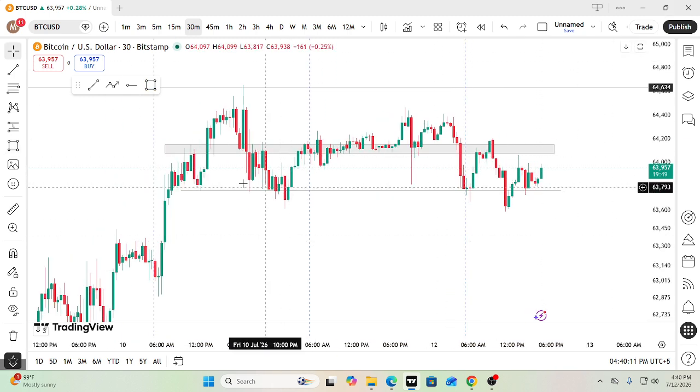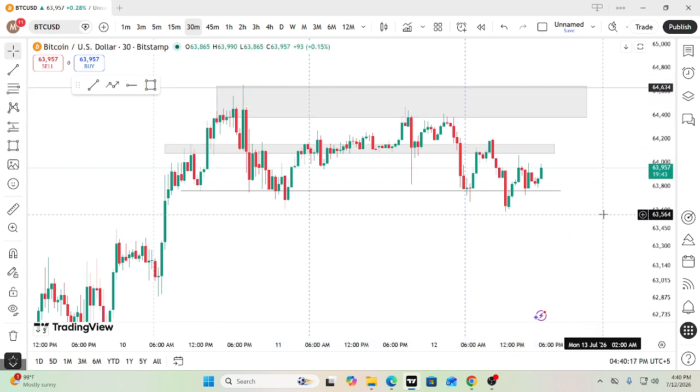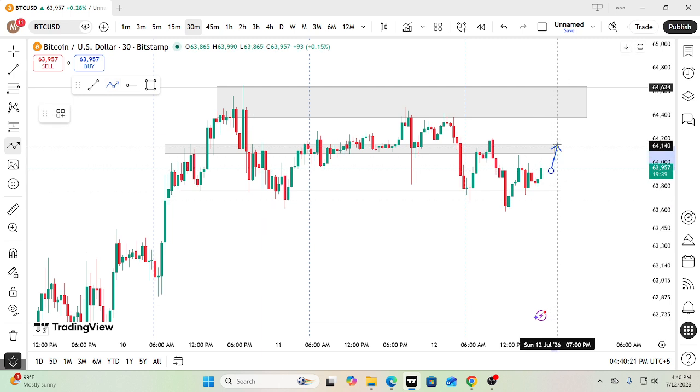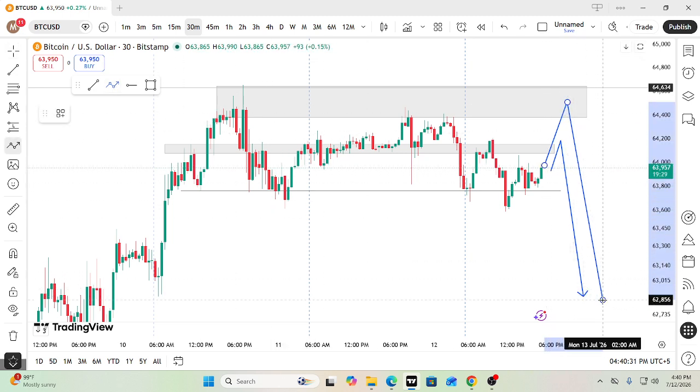Okay. And this is the double top. So if we get confirmation over here, then we can look for sell. If we get confirmation from the double top, we can look for sell.